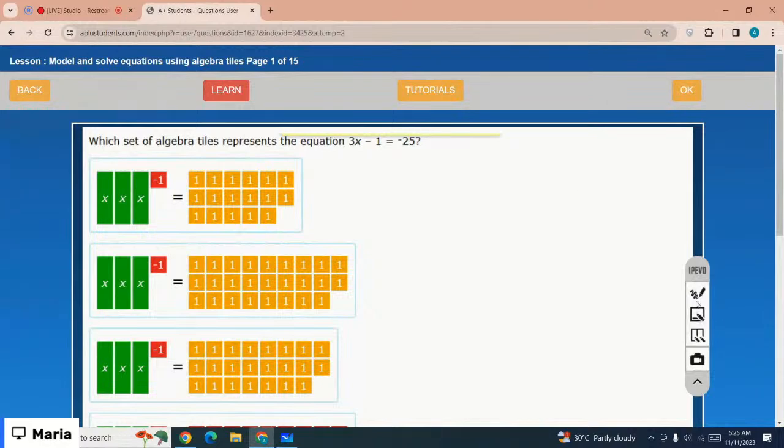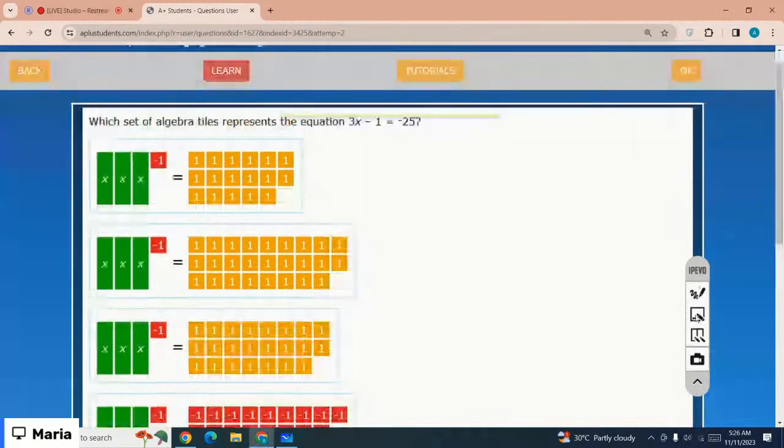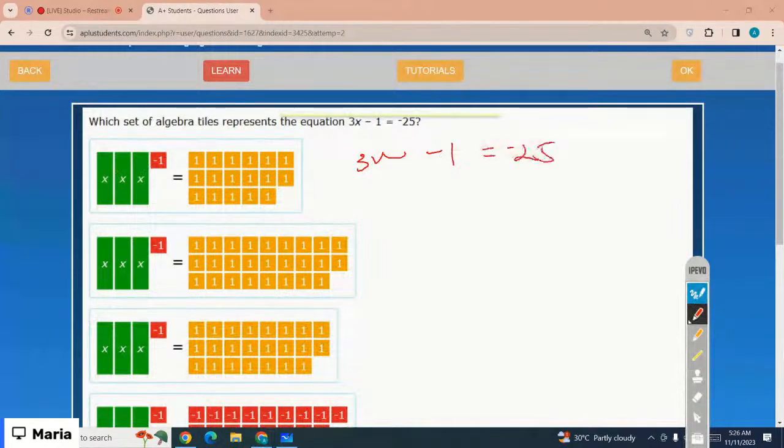Just look at the first one, right? You have 3 tiles for x, so that is 3x. This one is negative 1, and that equals negative 25, right?